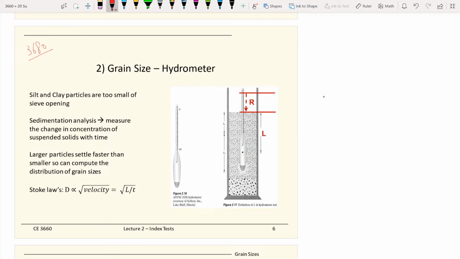to find out the diameters of the particles, because for soil classification, the main particle characteristic we take advantage of is the size, right? The size of the particles. But it can become a problem if the soil particles become too small.